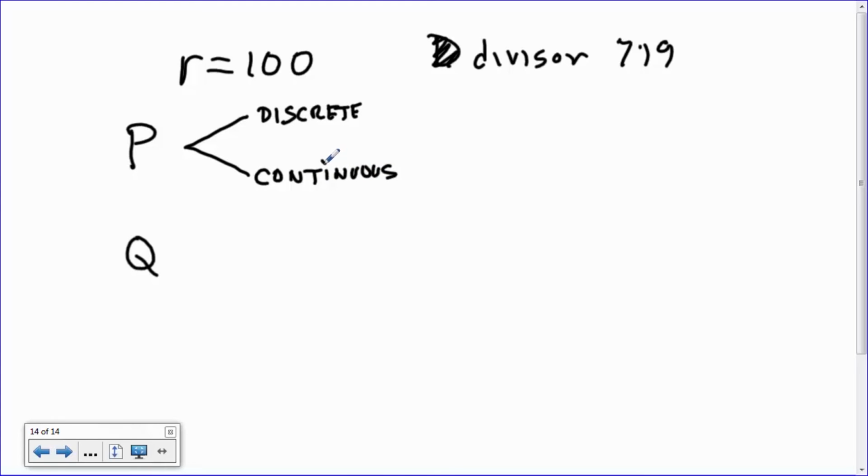So in this particular problem, where we had a 5-digit number divided by a 3-digit number, 719, the nature of the objects of the dividend set affects how we answer this problem.